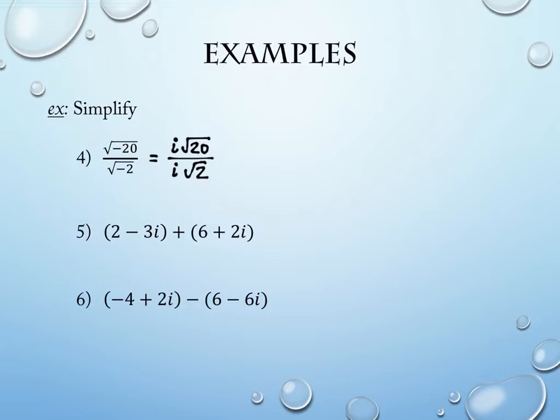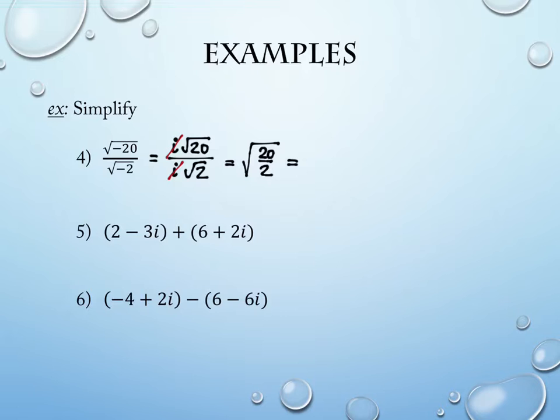What's going to happen to my i's? Well, they're going to cancel because they're divided. They aren't multiplied. If they were multiplied, they'd become squared. Here they're divided. Any number divided by itself, at least not 0, is equal to 1. So the i's are going to cancel. We have a property of radicals that says if I have division of radicals, I can do the division inside first and then do the radical.